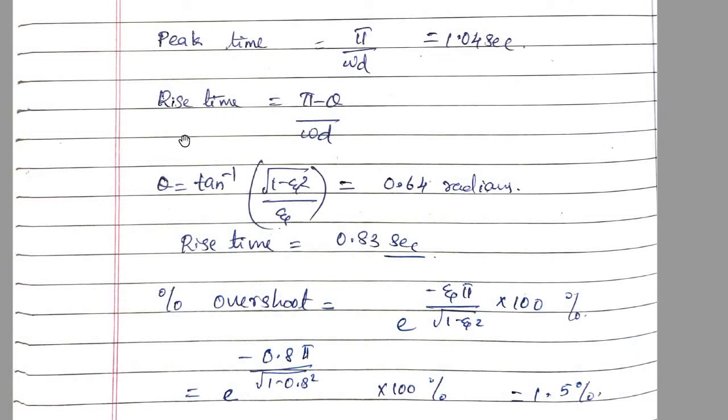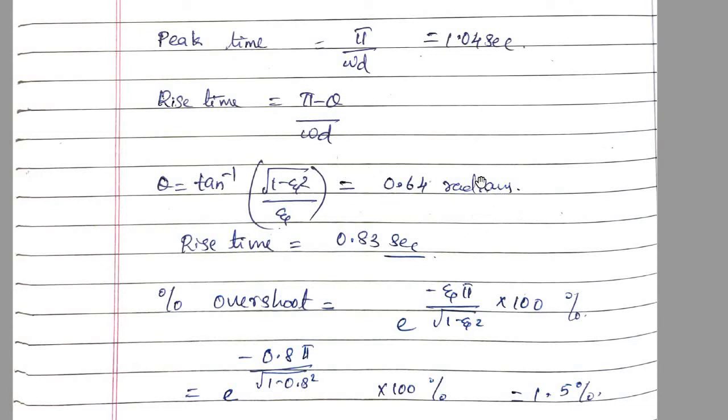Now, we can also find the rise time by substituting in the expression of rise time, which is pi minus theta by omega d. Here theta is tan inverse of square root of 1 minus zeta square by zeta. By substituting in this equation, the theta value is 0.64 radians.